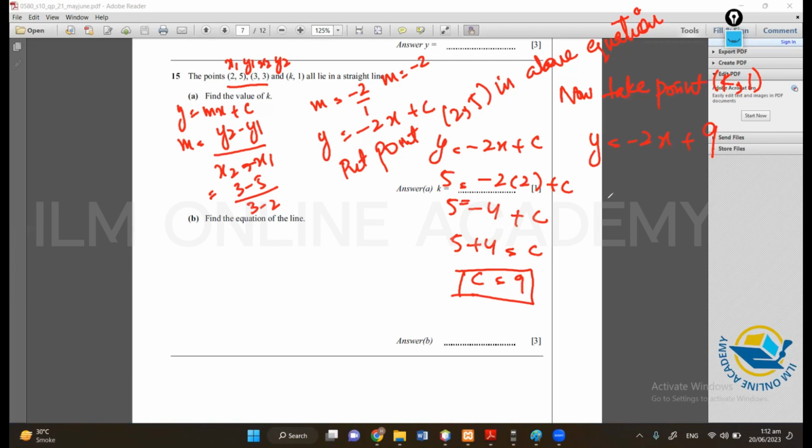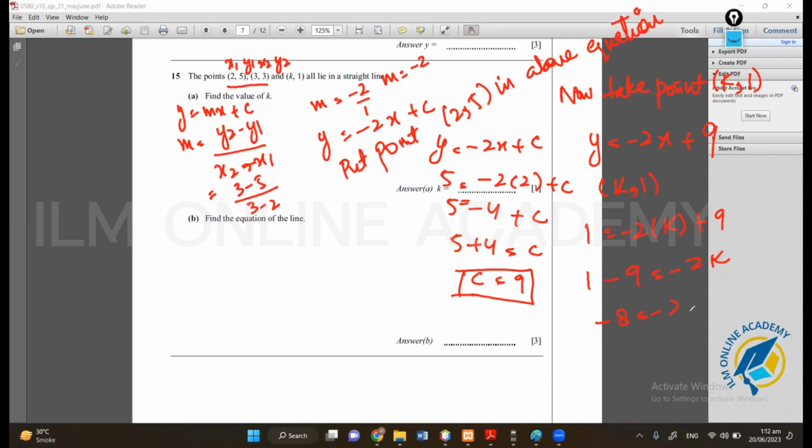It's up to you. Okay, so what we have to do here is now you have to put k comma 1 in this equation. It means x is k and y is 1. So 1 equals minus 2k plus 9. 1 minus 9 equals minus 2k.